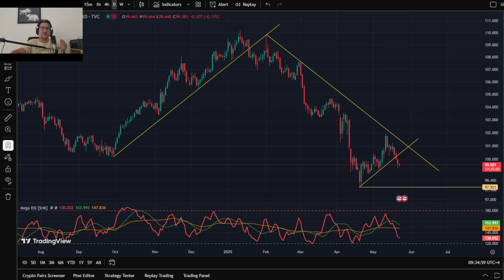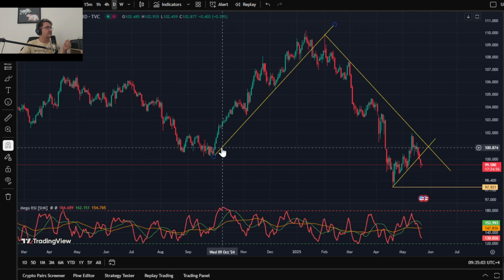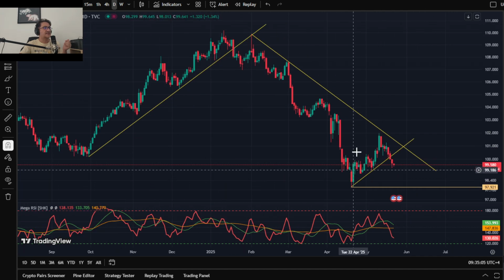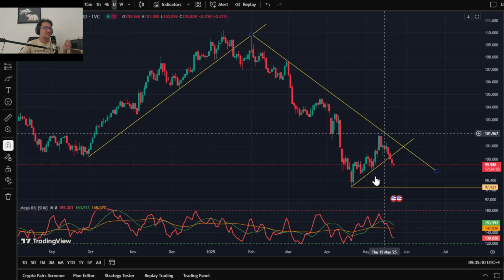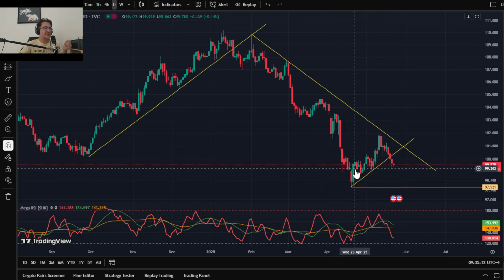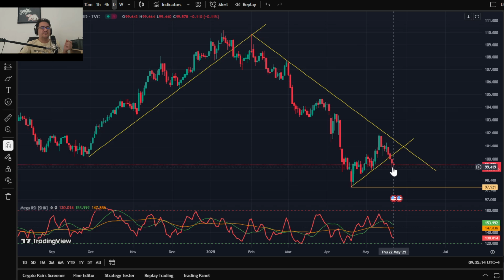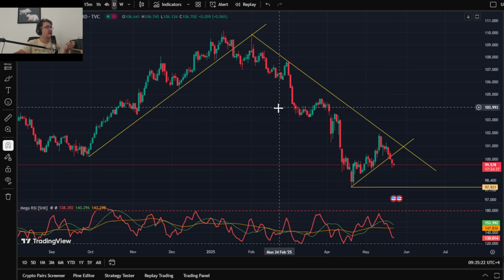Imagine the price trapped in a range like here. Let's say it's a small upward channel range, and then suddenly it breaks out. It's like water behind a dam. When it breaks free, it can unleash a powerful move.